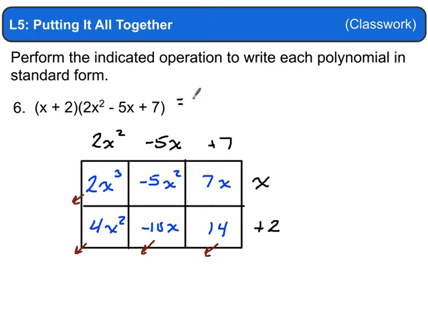So we get 2x to the third. 4x squared plus negative 5x squared is, I'm sorry, this is a third up here. This will become, for number 6, a negative x squared. Negative 10x plus 7x is negative 3x. And then we leave the 14 there. So that's how that particular one works out.